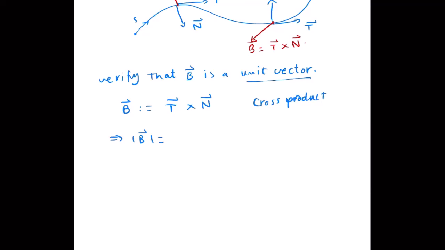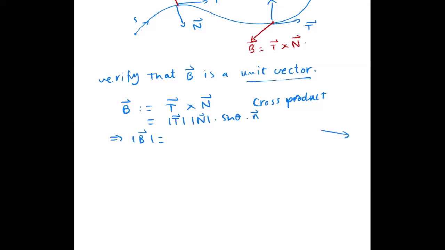the magnitude of T multiplied by the magnitude of N, multiplied by the sine of the angle between them, in the direction of the normal to both of them.